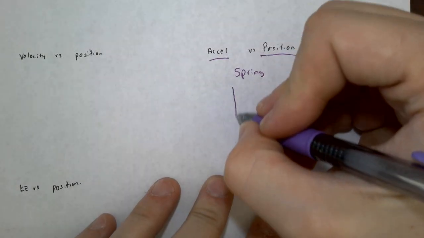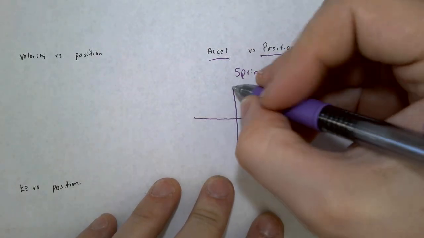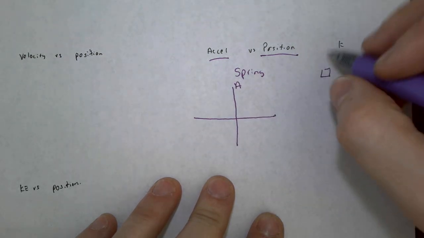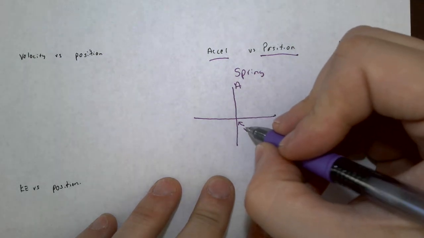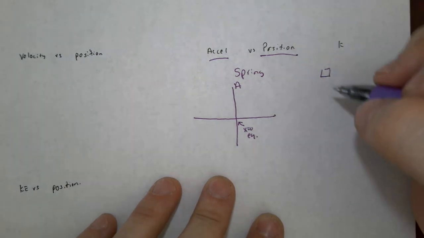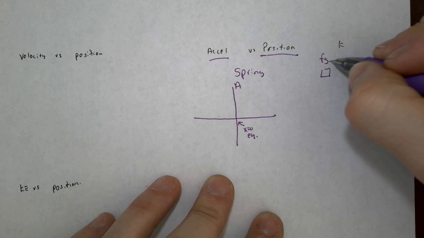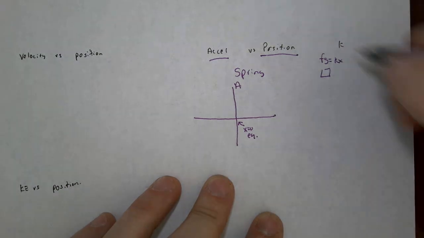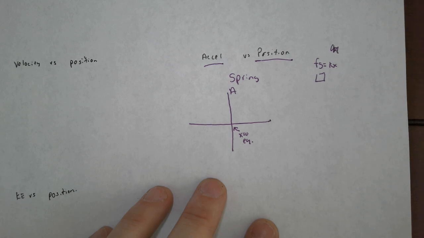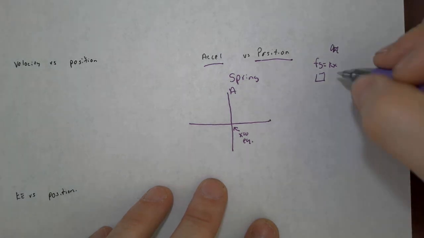So let's see here. The acceleration as a function of position, and I'm going to say that this is x equals 0 at equilibrium. All right, so at equilibrium, the force of a spring, again, is equal to negative kx. The k is whatever the k is, but the x is 0.